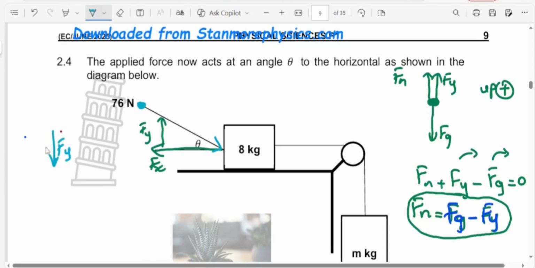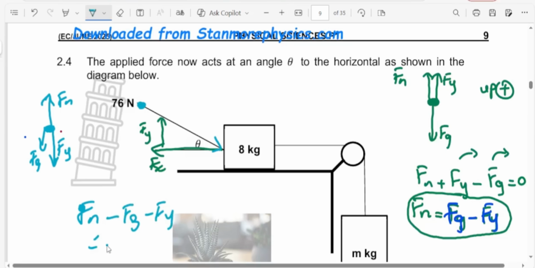This will be your Fy. But remember, your normal force is going up. So this will be my normal force, Fn. Then Fy will go down with the Fg. So we can see that for the normal force, we subtract the Fg and the Fy.